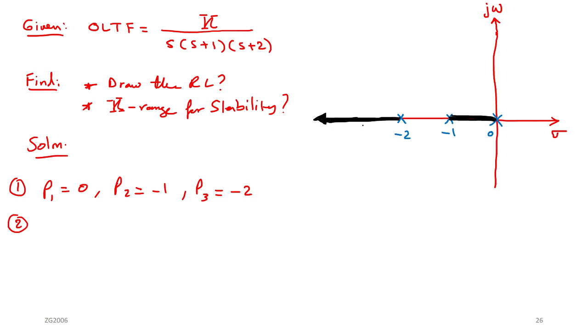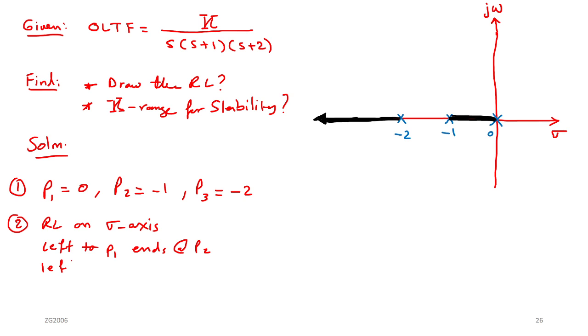Trying to draw it as best as we can. So let me write again, what did we do here? Root locus on the real axis, the sigma axis: on the real axis, left to P1 and ends at P2.